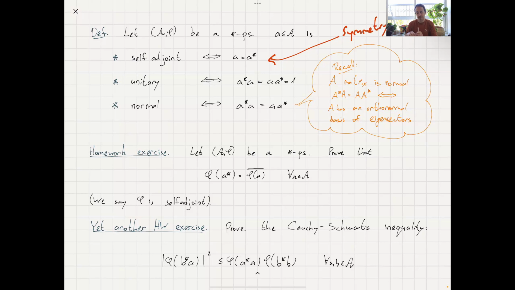Connecting to the introductory part, these are like the undirected graphs. You also have unitary elements. So what's a unitary element? Well, you can define it algebraically as saying that A commutes with its star, and not only that, their product is one, right?